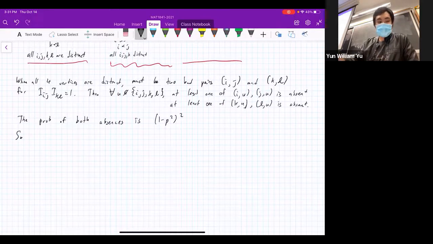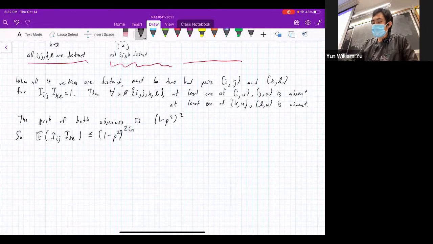And so therefore, the expectation of I_ij I_kl is less than or equal to (1 minus p squared) to the 2(n minus 4), because we have n minus 4 possibilities for the choice of u.